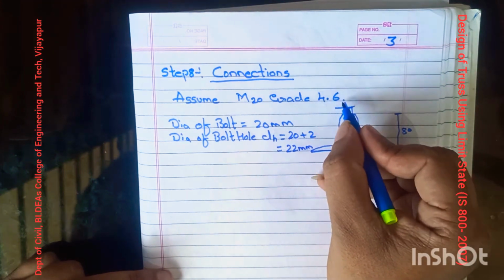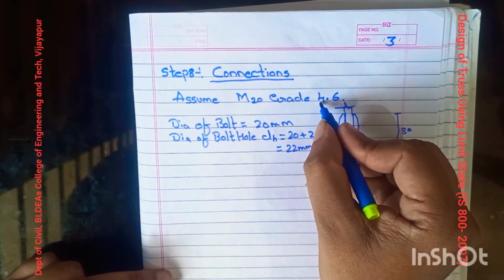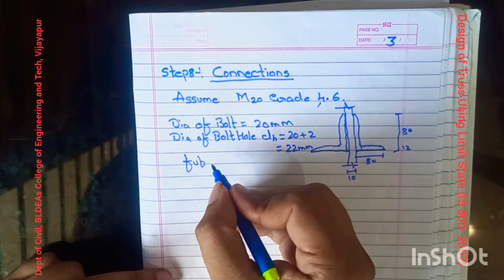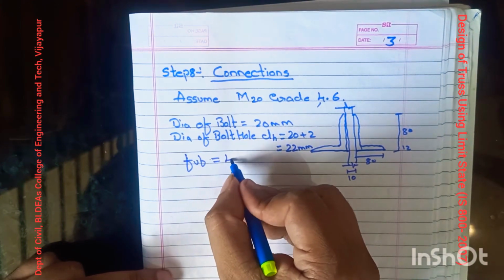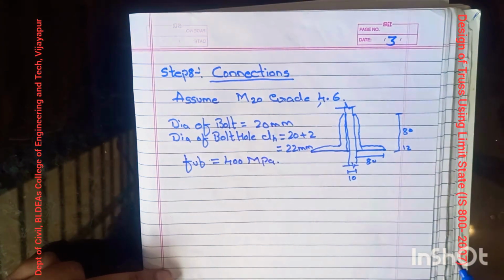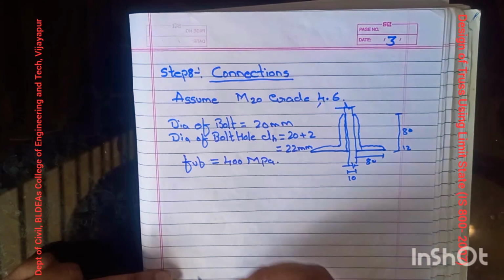Here it is grade 4.6, that means ultimate strength of the bolt is 400. So FUB value, that is ultimate strength of the bolt, is 400 MPa.